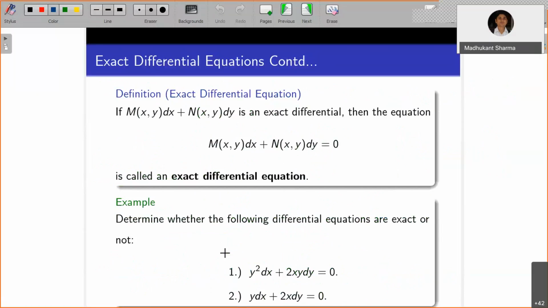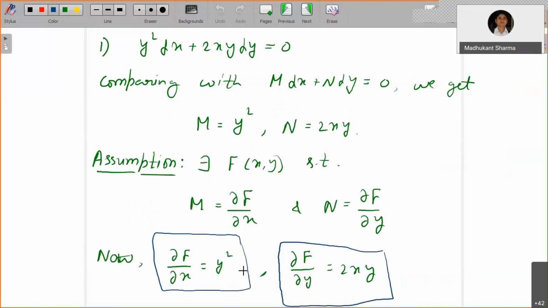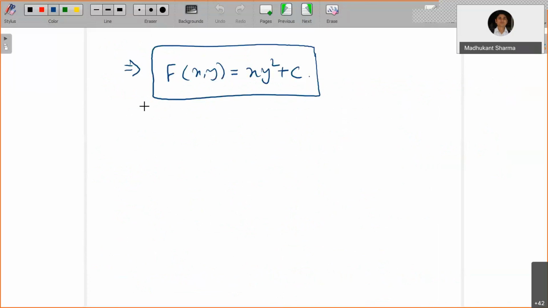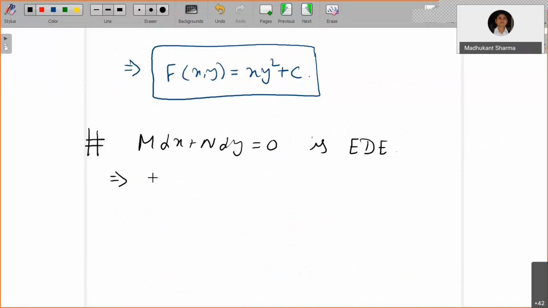Okay, so similarly, I hope that the second example we can solve easily. So what is happening here is, now let me also figure out this. When you have M dx plus N dy equals 0 as an exact differential equation, it implies there exists a capital F such that dF equals M dx plus N dy.